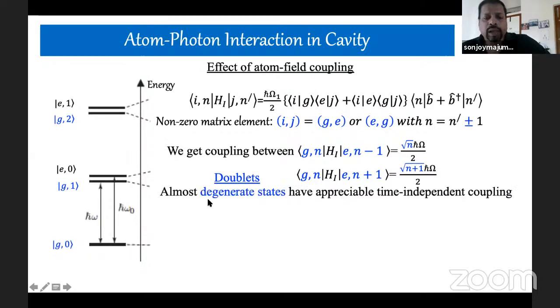So we got almost degenerate states by choosing the proper size of the resonator or cavity, having a frequency close to the resonance frequency of the atom.